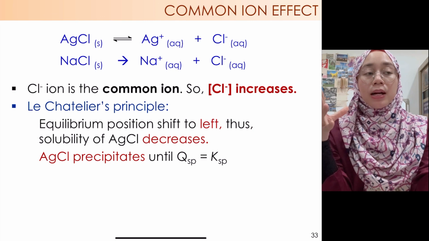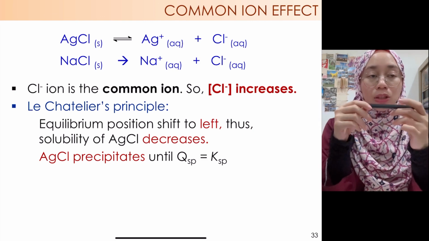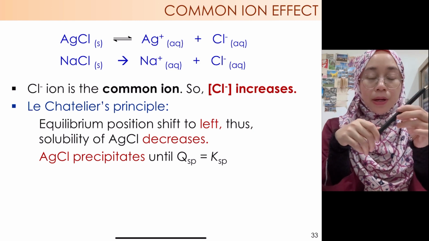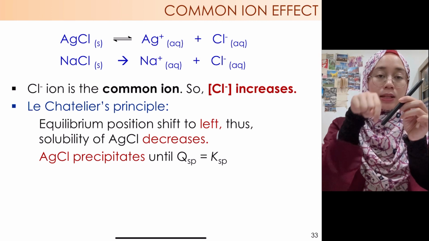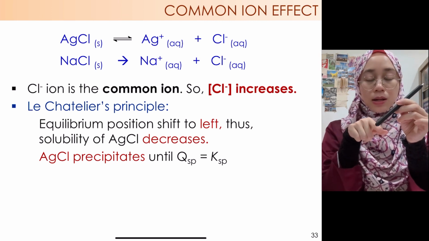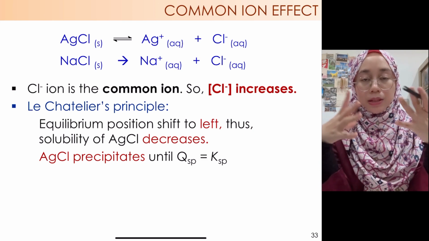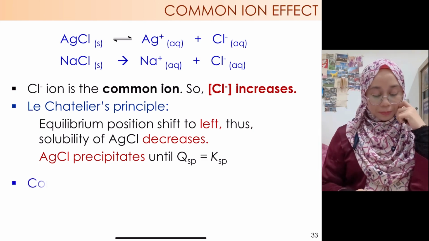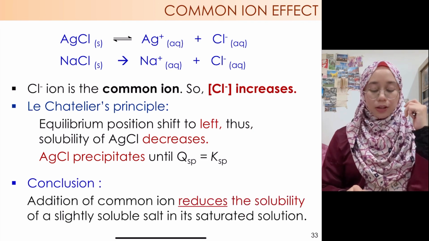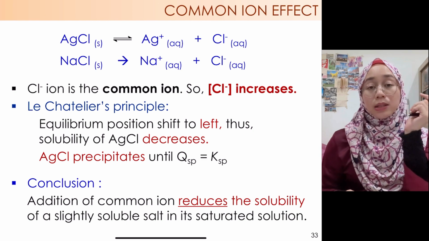Tapi bila the concentration of ion is very large to the point that it is more than equilibrium, sistem tu tak boleh tahan, so dia akan start produce solid, bermaksud kita akan start hasilkan precipitate dekat situ. So conclusion, the addition of common ion reduces the solubility of slightly soluble salt in its saturated solution.